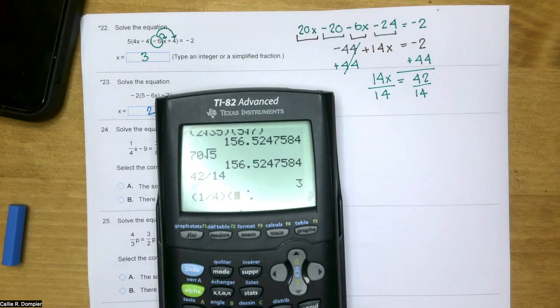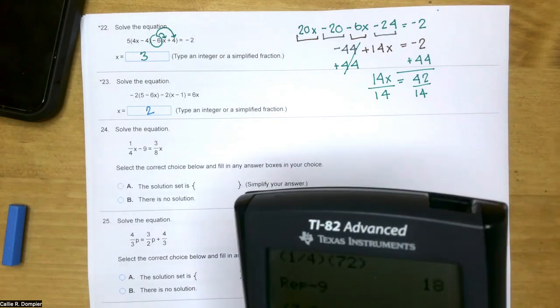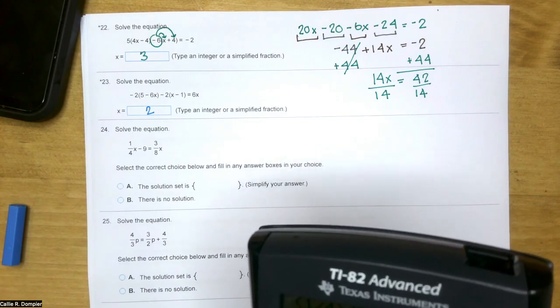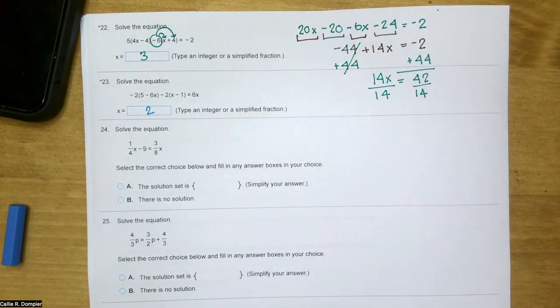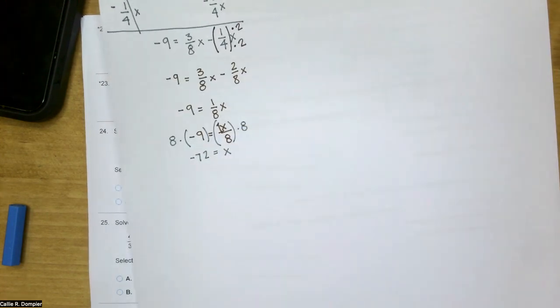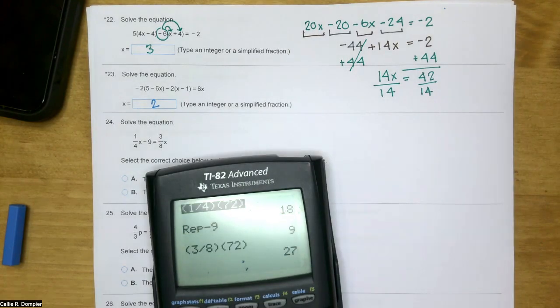1/4 times 72 gives us 18. Oh, sorry, -9. And then 3/8 times 72. Make sure you use the parentheses. It's in the middle. Oh, because it's a -9. Negative 72. Well, thank goodness I only did it wrong when I was checking my answer. That's unusual.